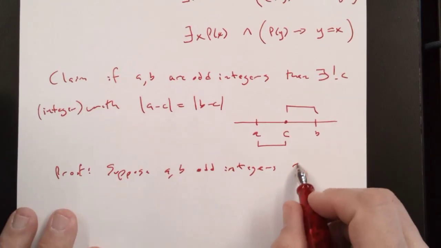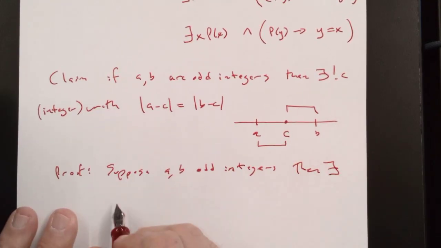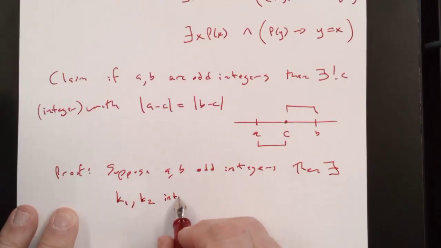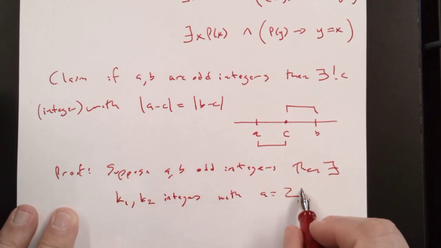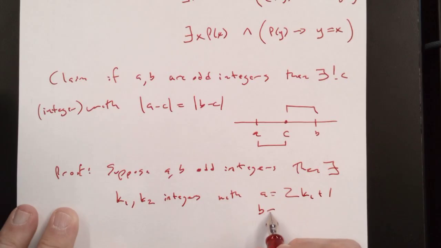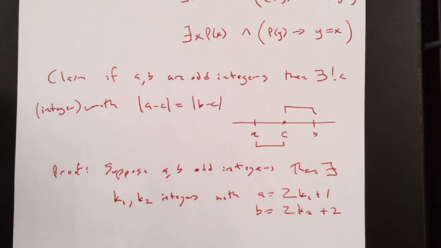So then there exist k1 and k2 integers with a equal 2k1 plus 1 and b equal 2k2 plus 1. By the way, if you don't like k1 and k2, use any other letters you want. Just don't use a, b, or c, because those are already something here.